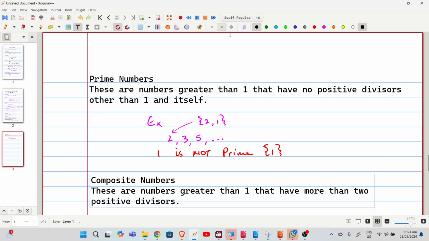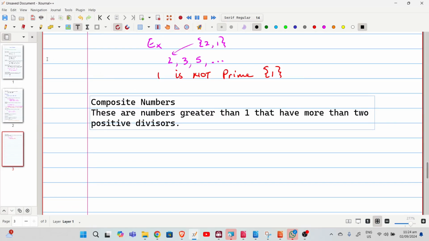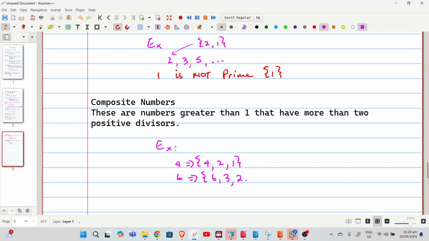Right? So something, for example, let's say 4. The set of numbers 4 can be divided by, without leaving a remainder, is 4, 2, and 1. So this is composite because it has more than 2. Let's say about 6. 6 has the following. It has 6, 3, 2, and 1. So it's also considered composite.